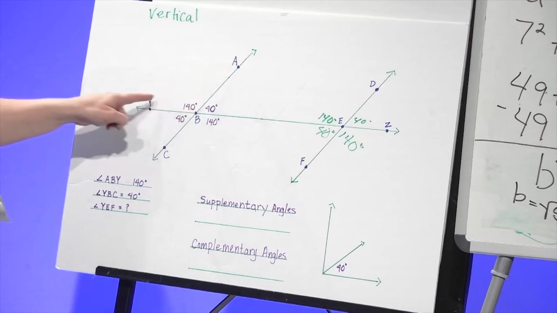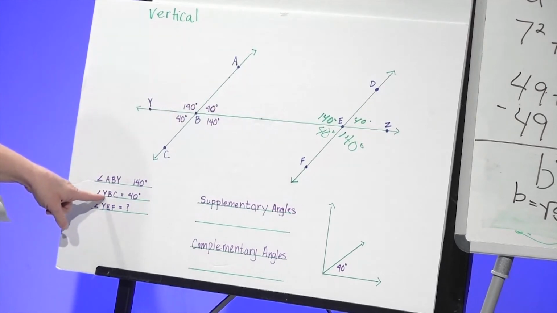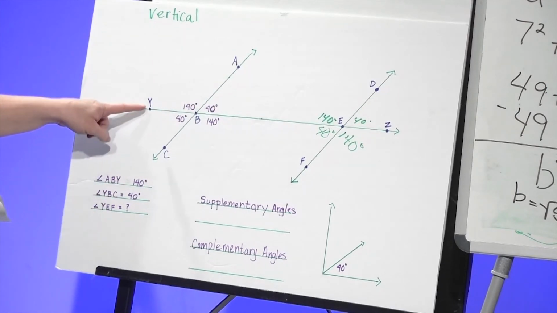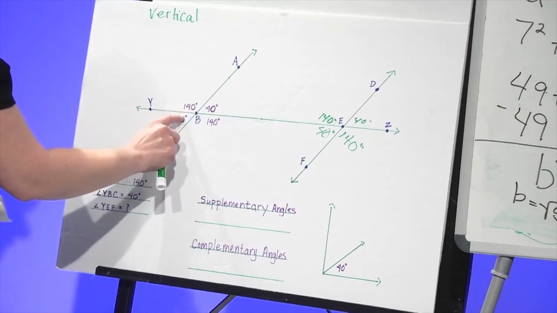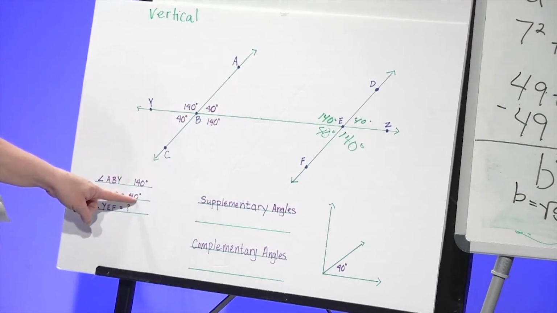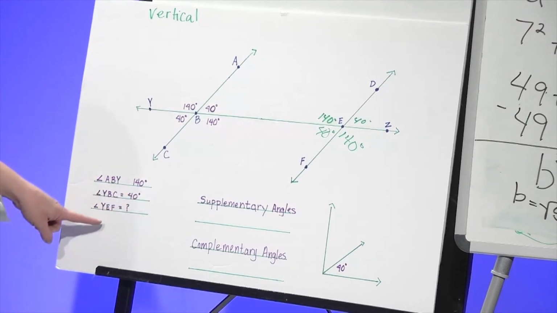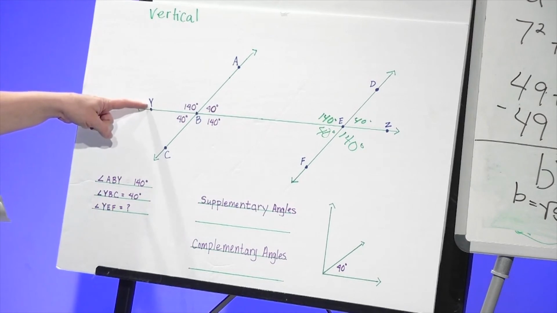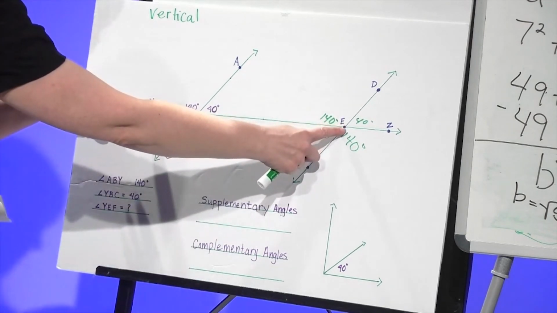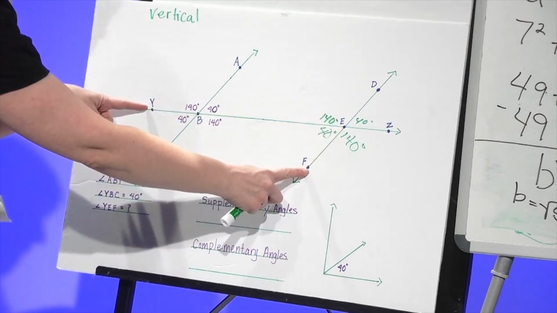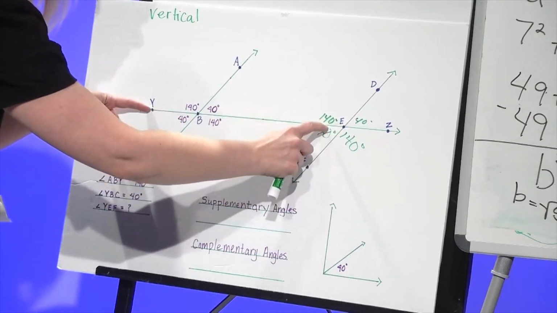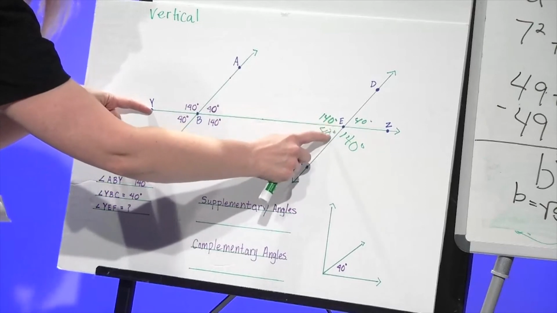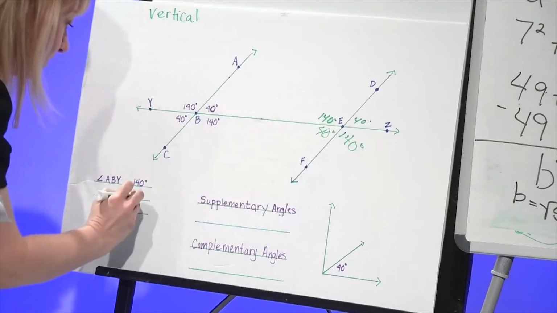Angle YBC, we're now looking at this angle here. That's 40 degrees. Angle YEF: here's our Y, E is here, and here is point F. This is the angle we're talking about because it's the letter in the middle. That would be 40 degrees.